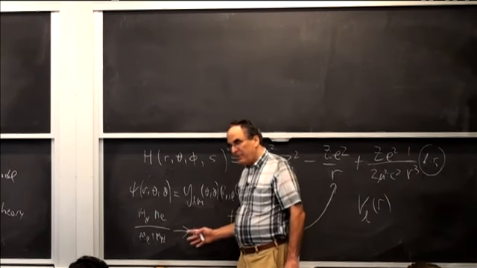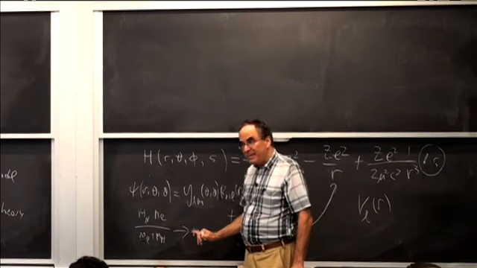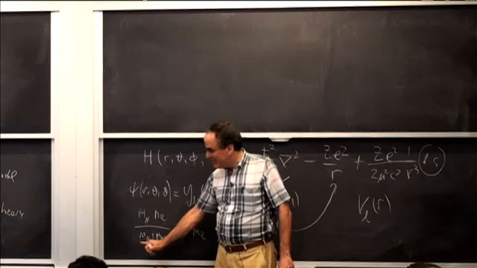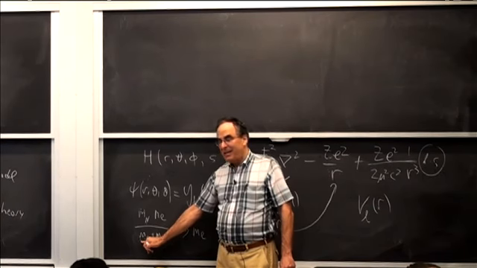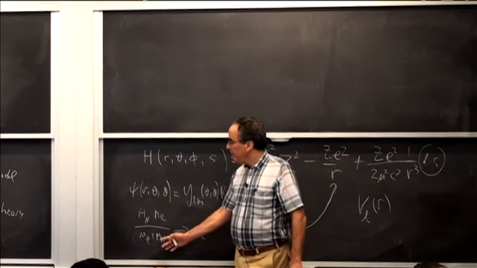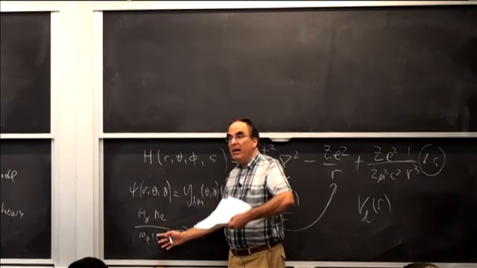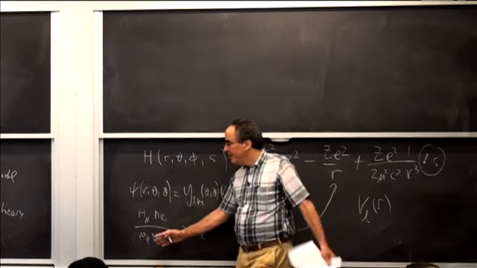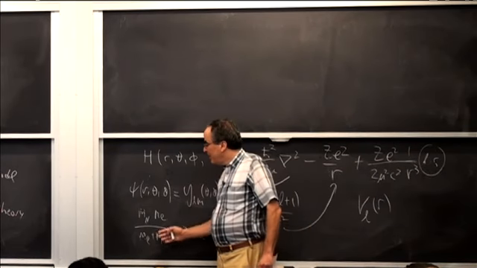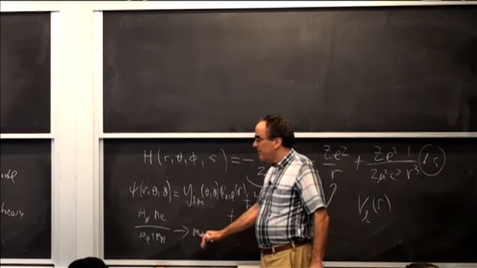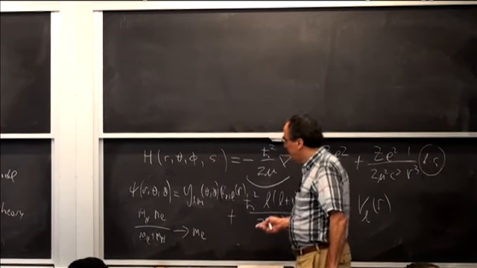So this reduced mass factor is almost exactly the mass of the electron, but it isn't exactly, because this is not 0. If you change the nuclear mass from 100 to 200, there will be a very, very small effect on this reduced mass.